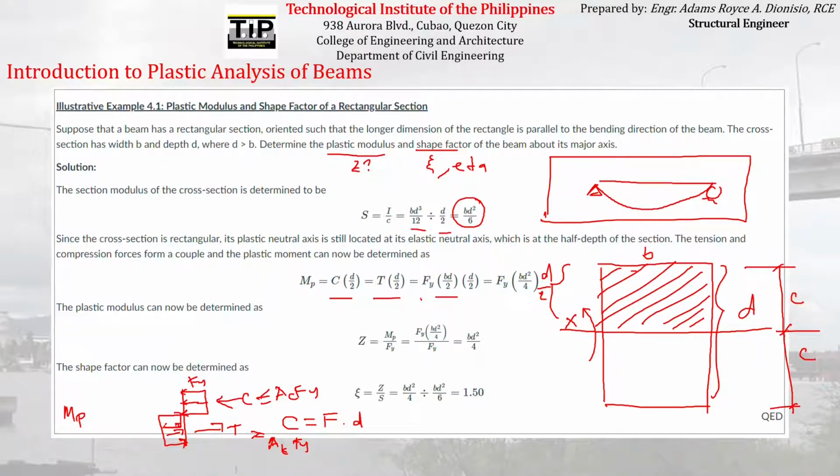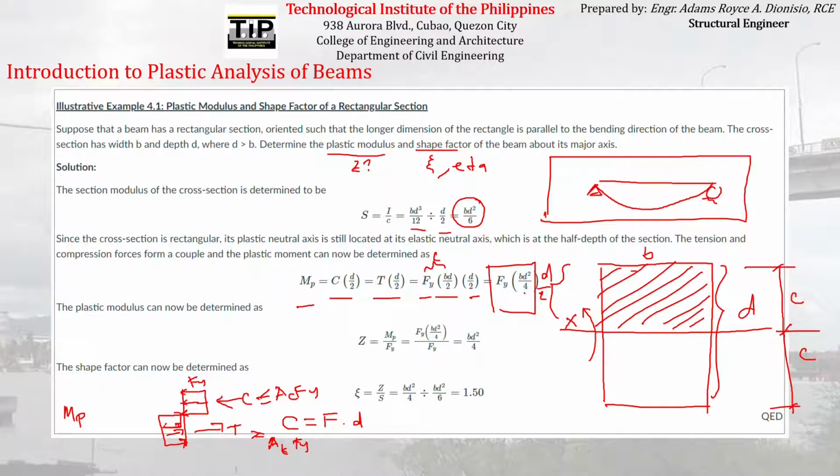Times Fy, we get the compression. For the tension, the formula is the same. Times the moment arm, which is D over 2. And then simplify, and you get this. This is the formula for finding the plastic moment for a rectangular beam: Fy times B D squared over 4.